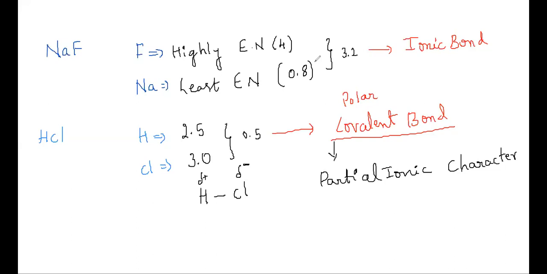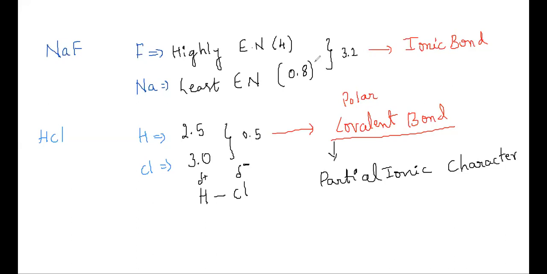If they were donating, then it should have been kept as an example of ionic bond only. It should not be an example for covalent bond, right? Sharing. Hydrogen and chlorine make up a bond by sharing the electron.